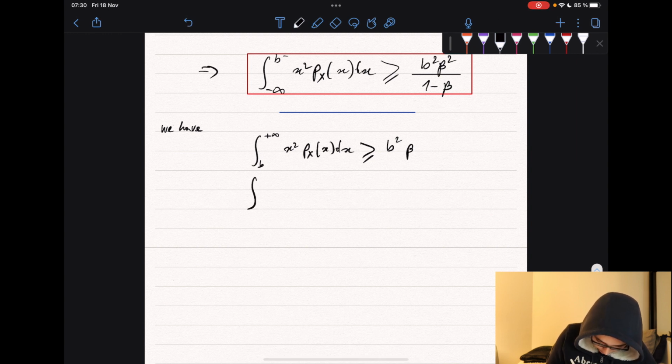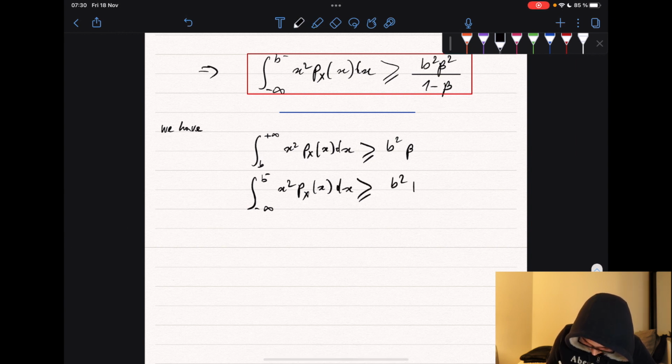So let's just rewrite it one more time: the integral of the remaining part of x squared p of x dx is at least b squared beta squared over beta.